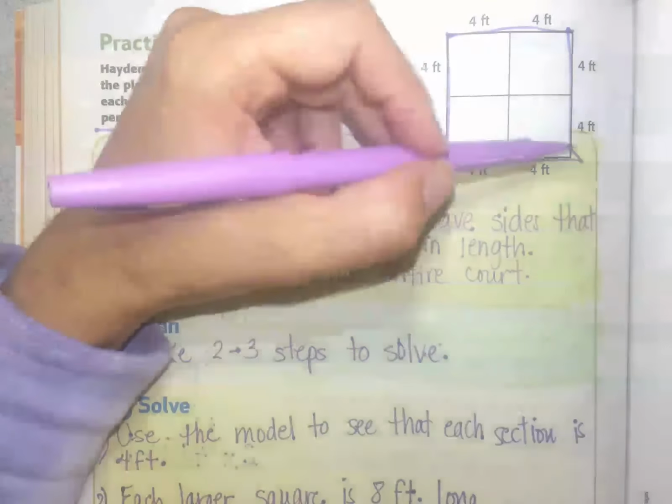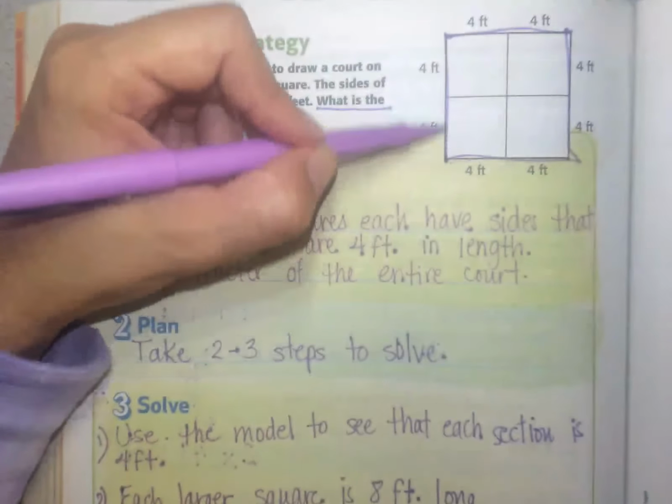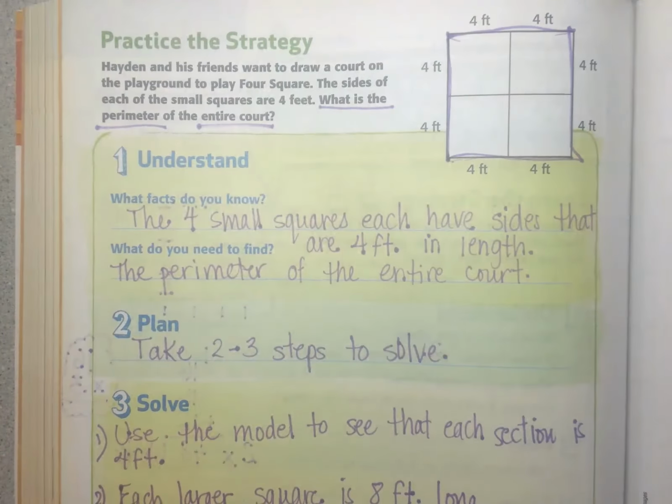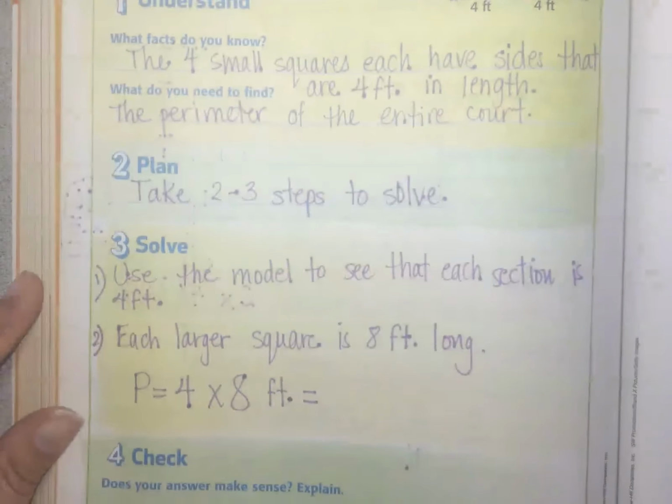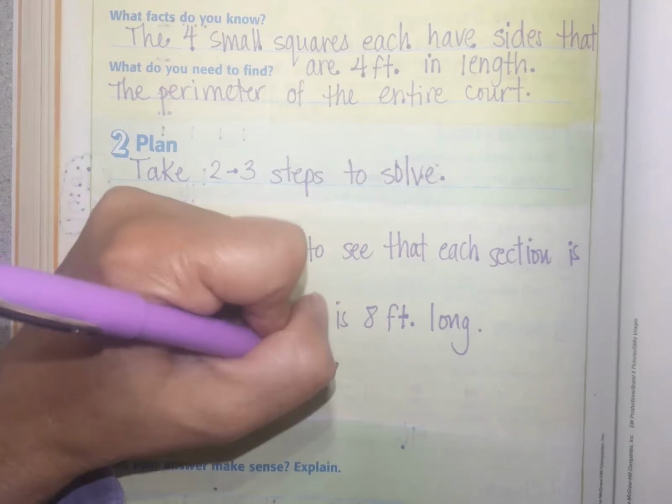So the perimeter, because we only care about this outside part, is 4 times 8. That's 32 feet.